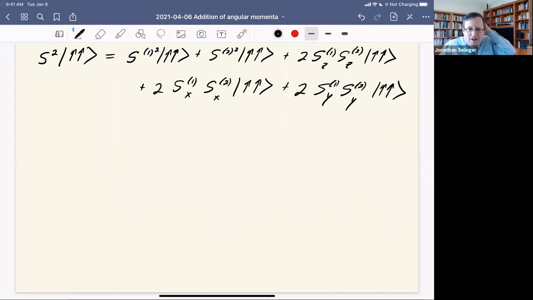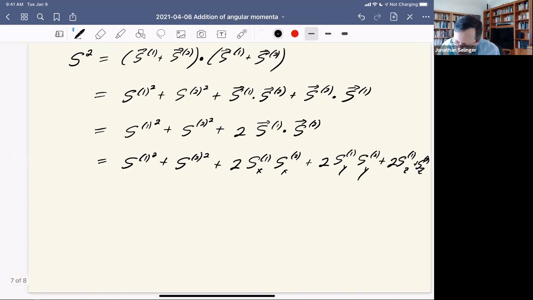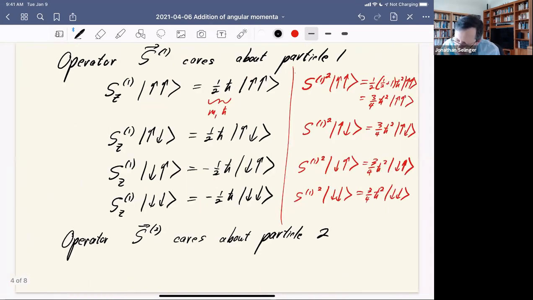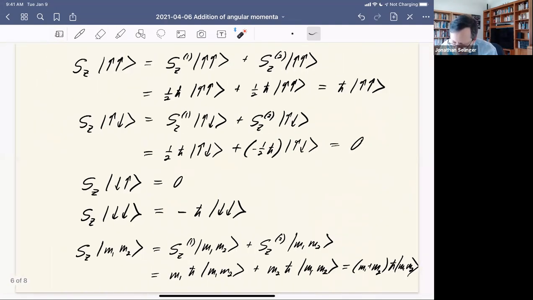Okay, we good so far? All right. So these are 5 things to calculate. Some of them are not too hard. For example, we know what S1 squared does to up. We figured that out way back. S1 squared acting on up makes 3/4 h bar squared times up.